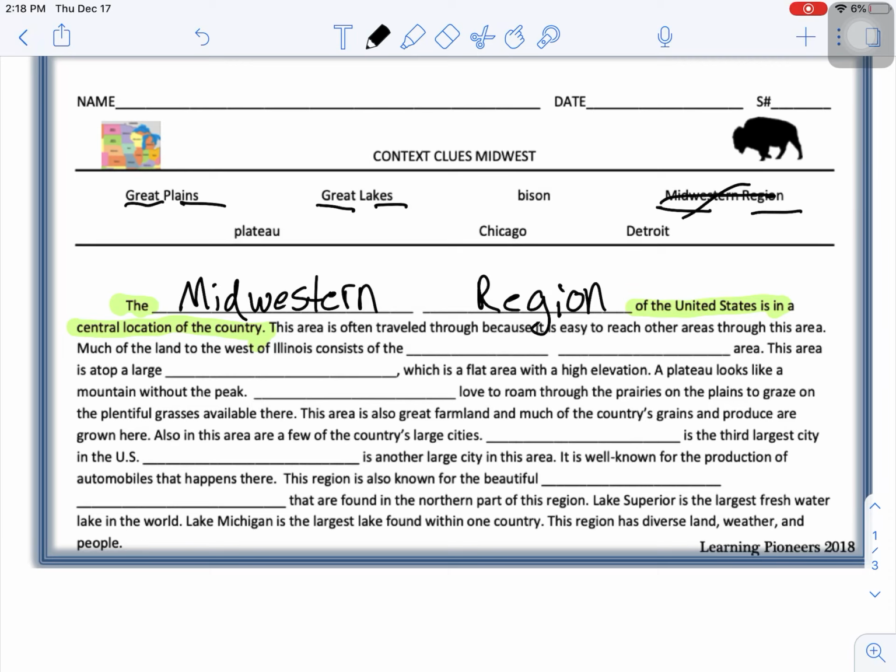This area is often traveled through because it is easy to reach other areas through this area. Much of the land to the west of Illinois consists of blank blank area. Ooh. So I'm going to think about Illinois and everything west.